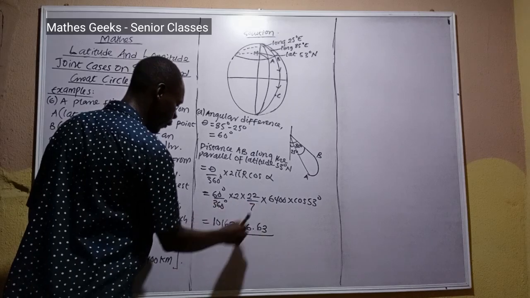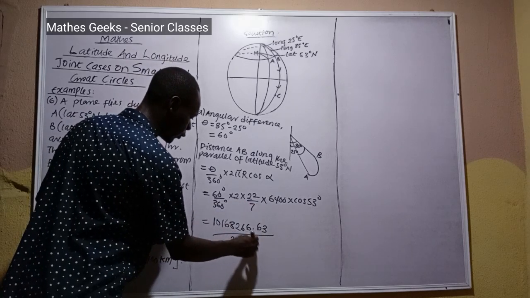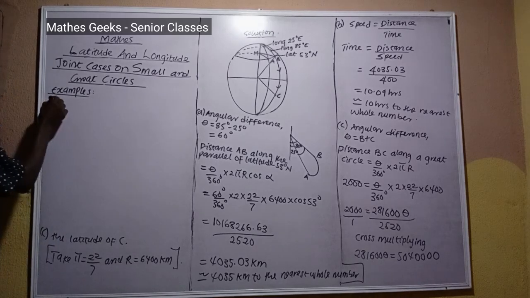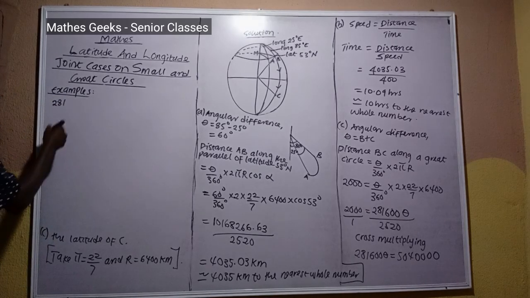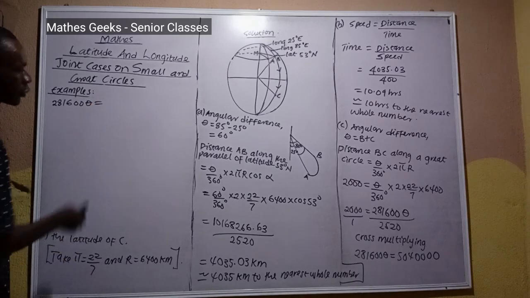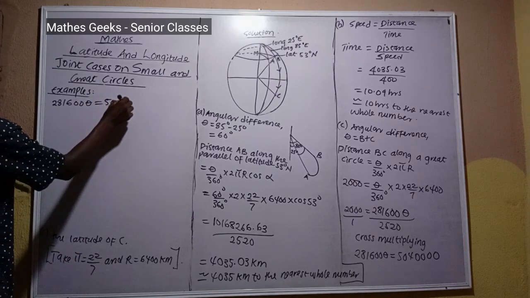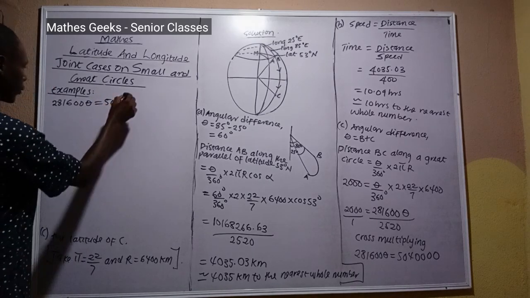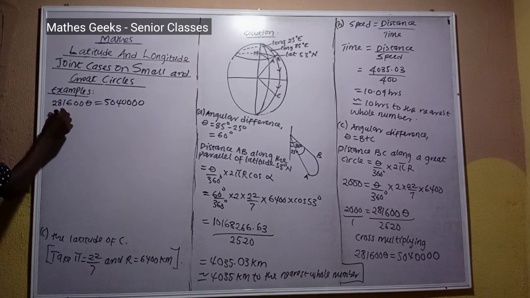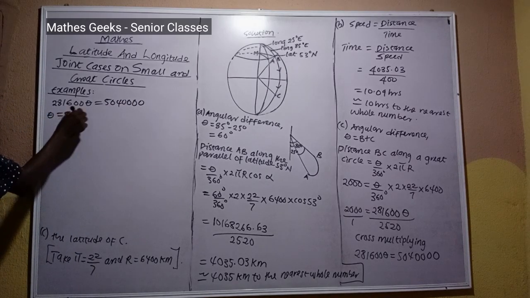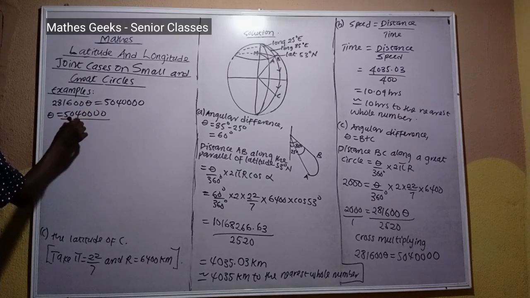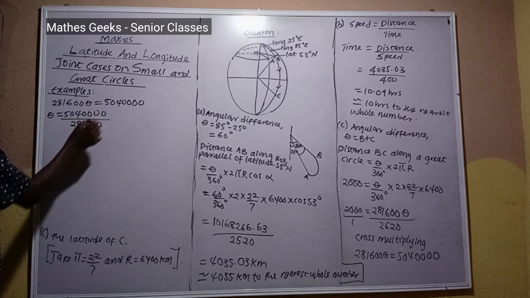360 degrees times 7 will give us 2,520. So we have 281,600 theta equals 504,000. So theta is equal to 504,000 divided by 281,600.